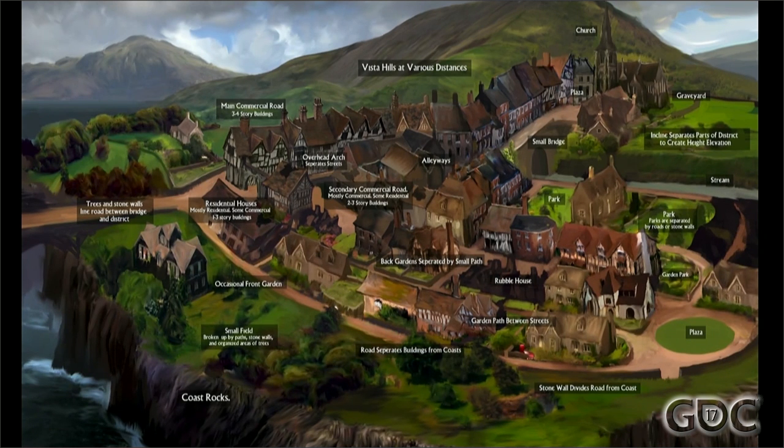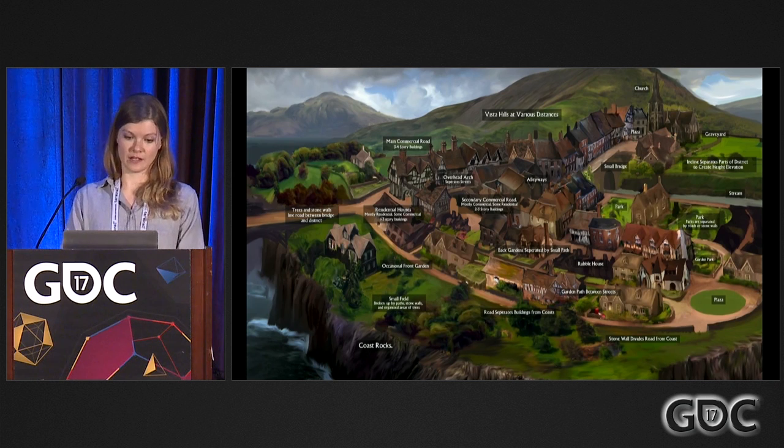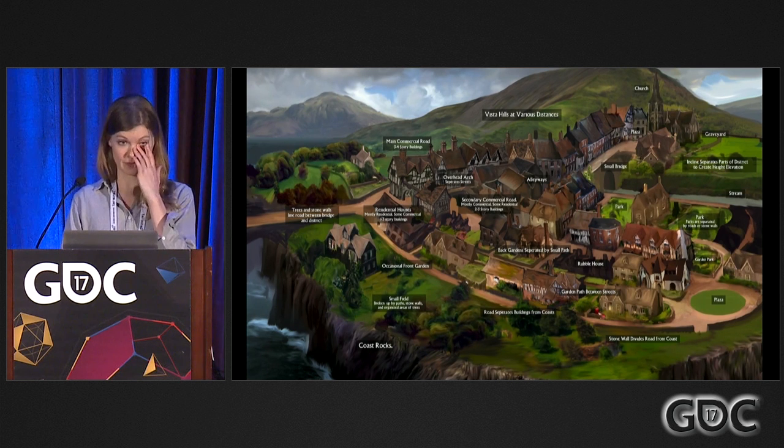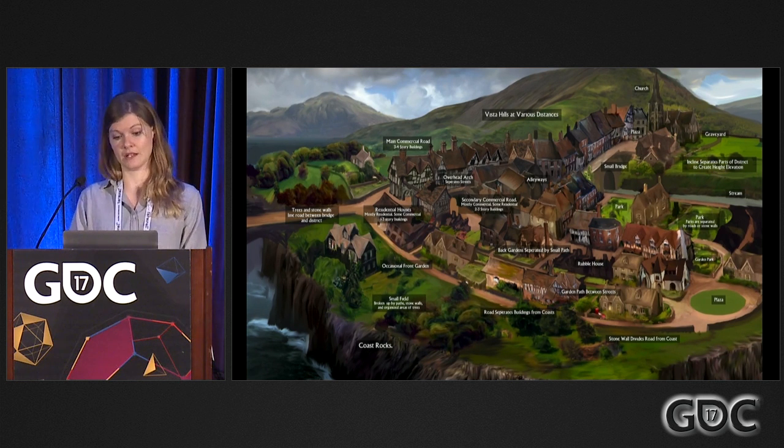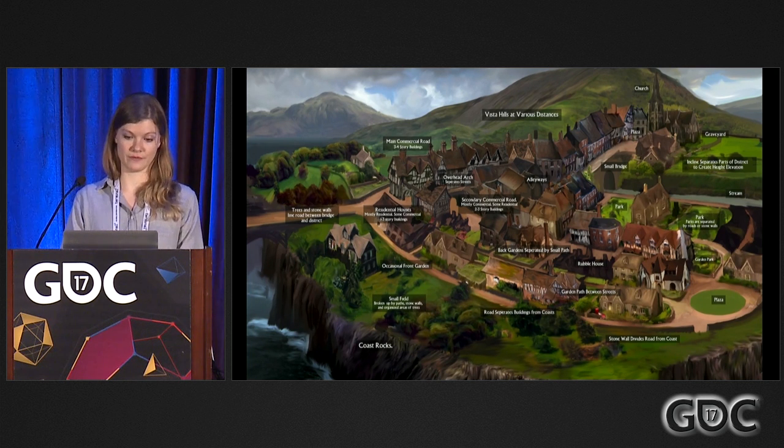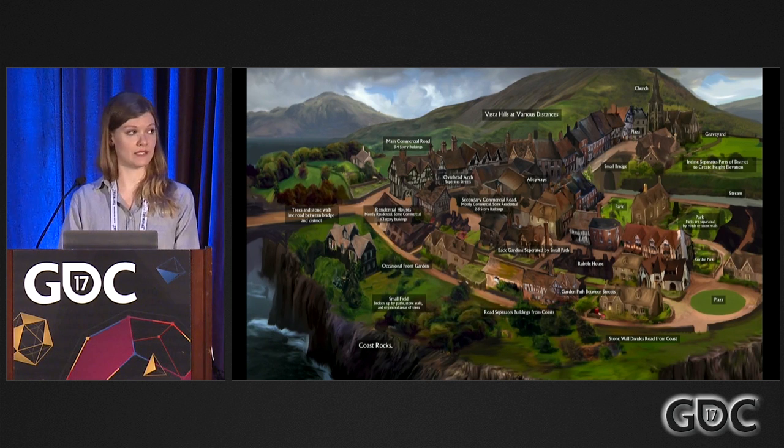In order to create more variation in the world, instead of everything being very homogeneous, we would like to try to have specific commercial streets and residential streets, and in order to do that, we need to create rules. This is an example of a concept I would give to our programmers, to ask, can we create these different areas, and can we use these types of rules to dictate what these areas will be like?